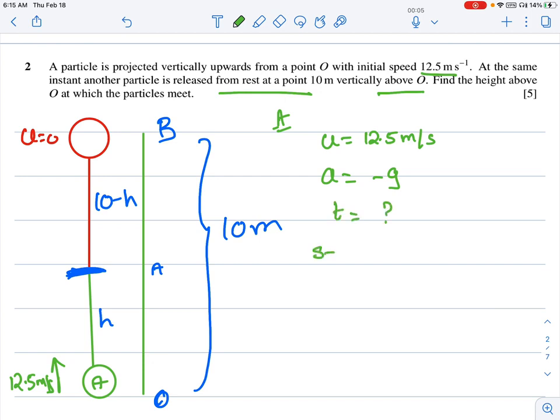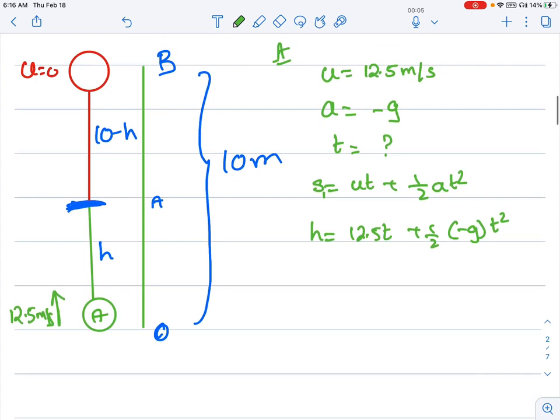So I use s is equal to ut plus half at square. From there, h is equal to 12.5t plus half times minus g t square. So h is equal to 12.5t minus 5t square. The g value is 10.